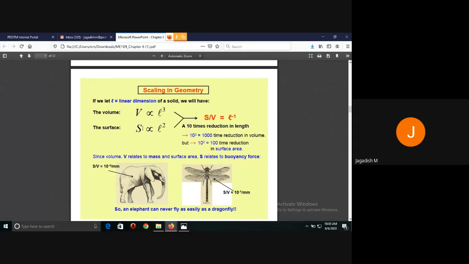And the surface area S is equal to L squared, where L is the linear dimension. So if I take the ratio of S by V, then I'll have L squared by L cube, which is equal to L to the power minus 1.